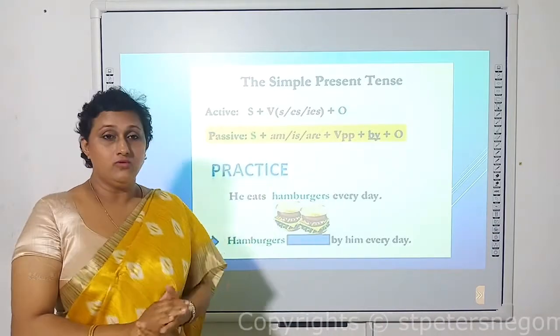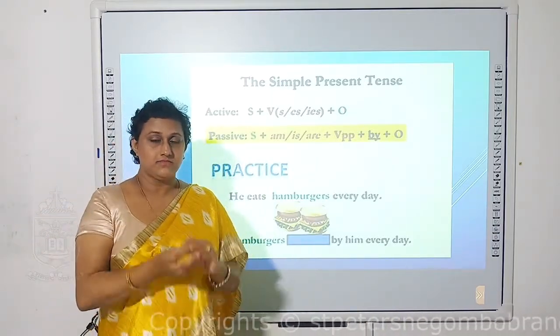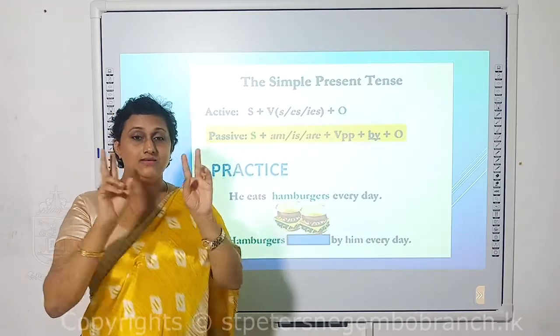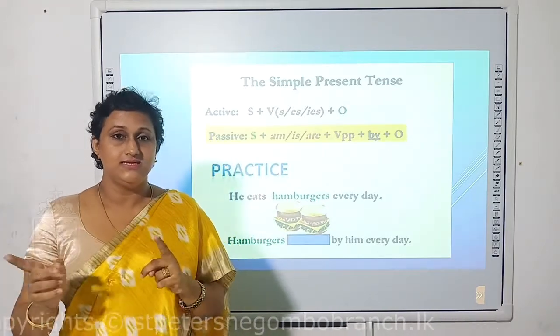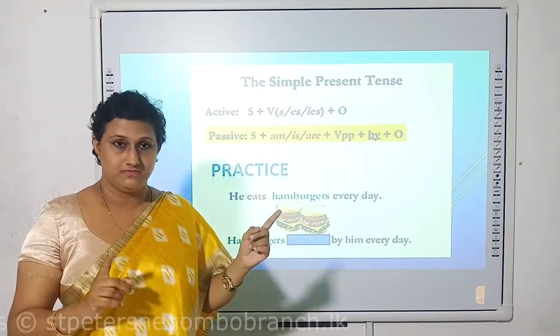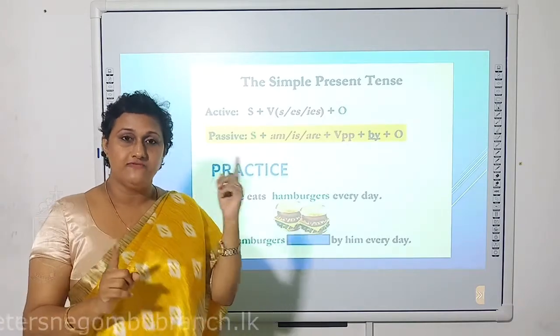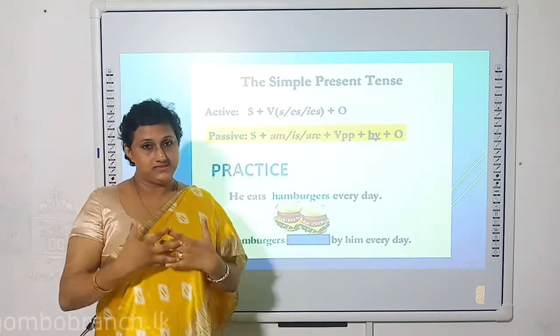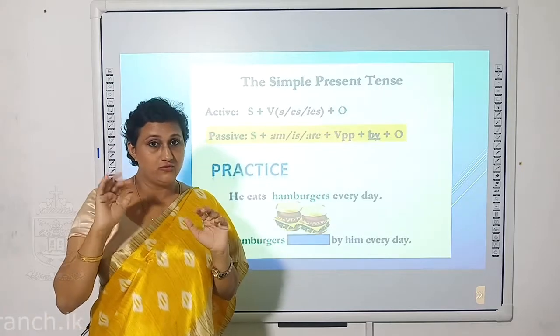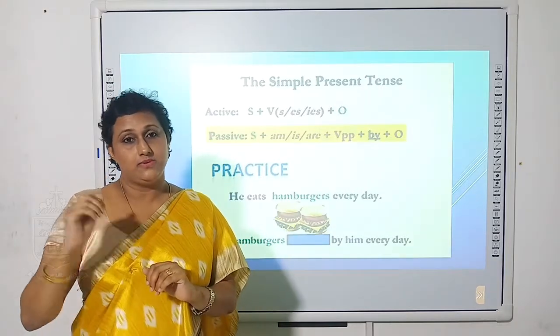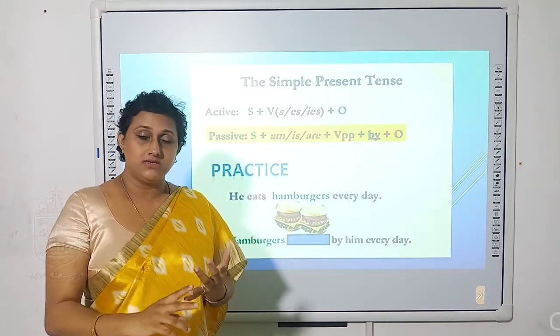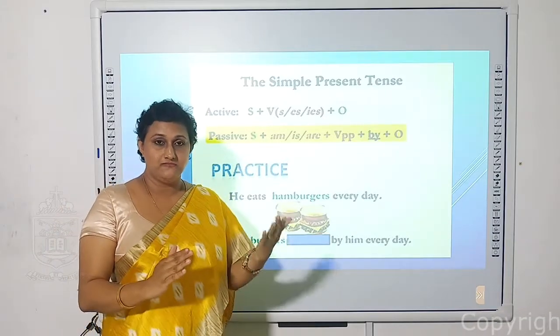Okay, now when you move on to tenses, as you all know, in grammar there are three main tenses: present tense, past tense and future. And each of the tenses can be categorized into four sub tenses: for present tense, simple present, present continuous, present perfect, present perfect continuous.